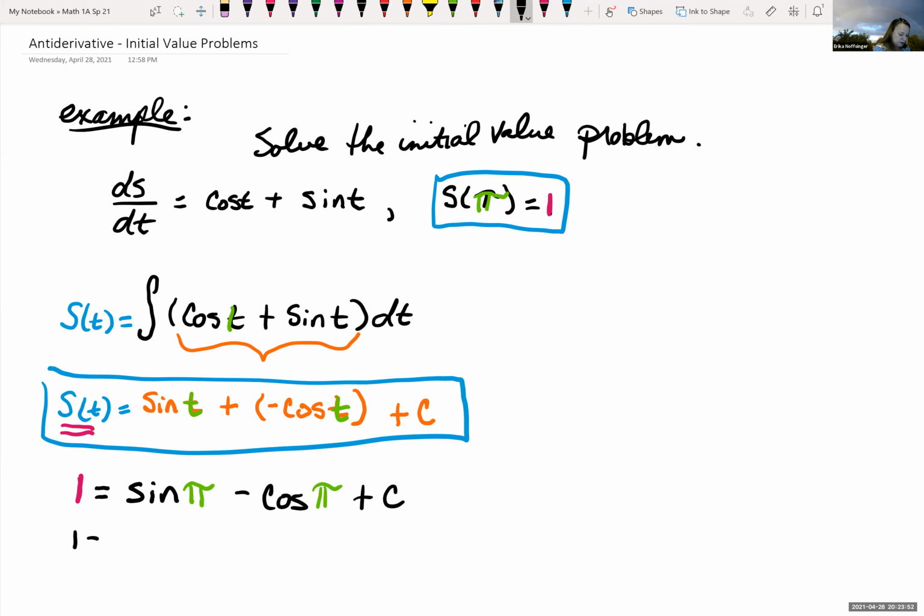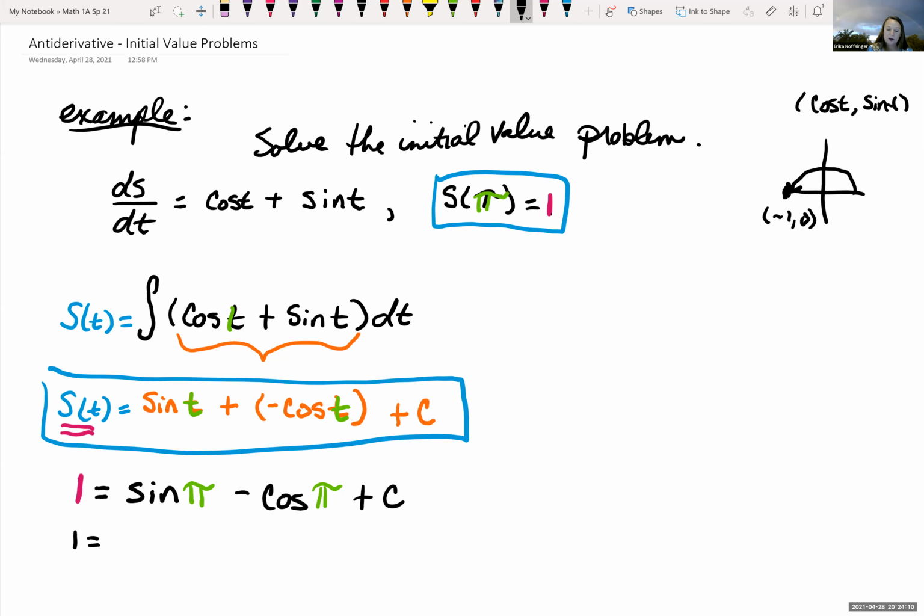So we get 1 is equal to, so if you want to think about it on the unit circle, pi is the negative x-axis, and your point there is negative 1, 0. Remember, your x value is cosine, your y value is sine.